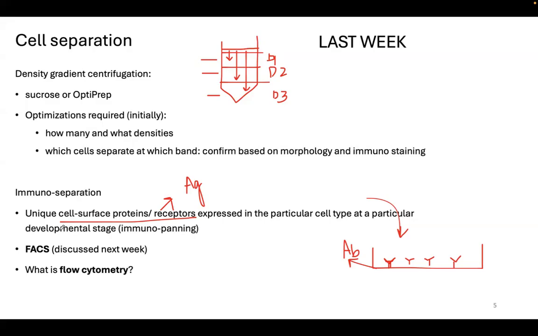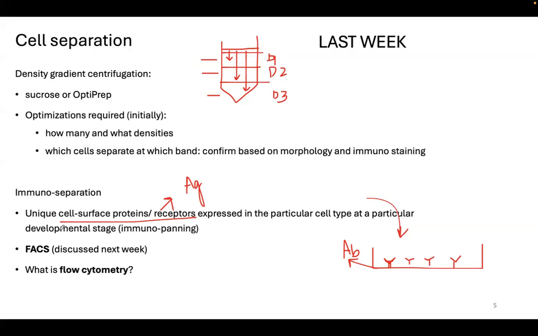For example, neurons express something called beta 3 tubulin. Do neurons express beta 3 tubulin at E14? Do they start expressing it at E18, or do they only express it after the mouse is born?